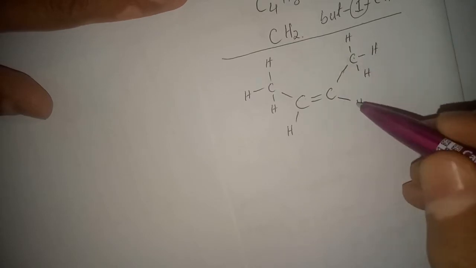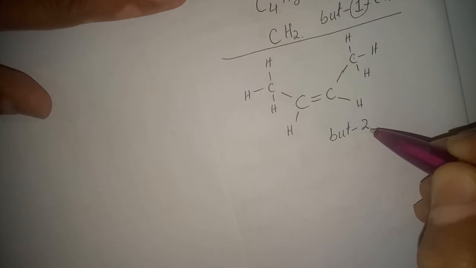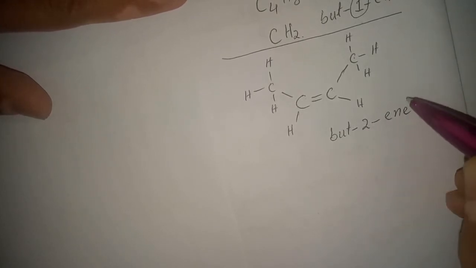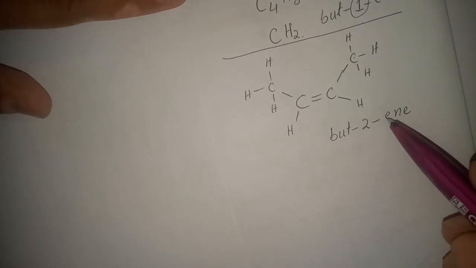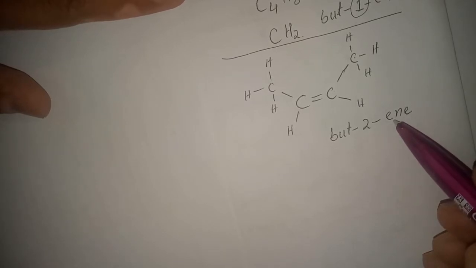So the name of this molecule will be but-2-ene. We have to mention the position 2 and ene. So it means that we have a total of 4 carbon atoms, in which at carbon number 2 there is a double covalent bond.